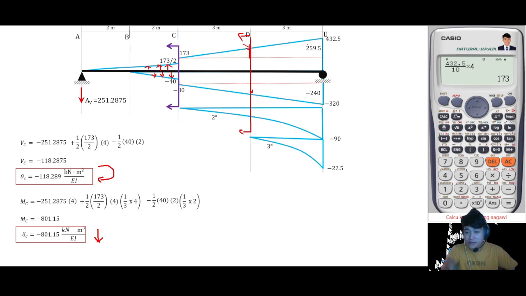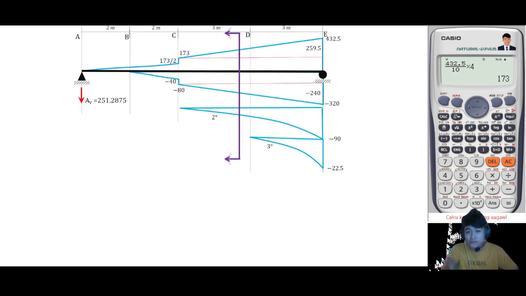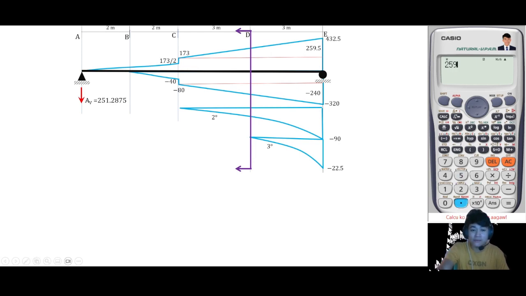So this is 259.5, by ratio and proportion. The total height of this is 259.5. Now the height of this triangle, we will perform ratio and proportion: 259.5 over this length, 6 meters, times 3.